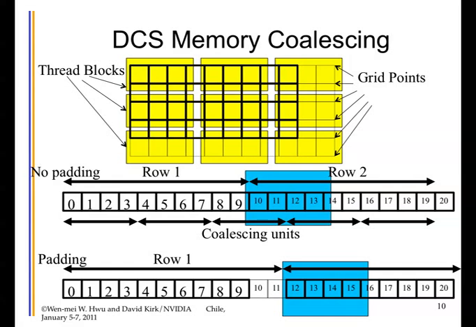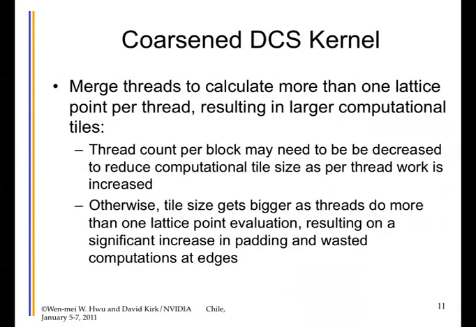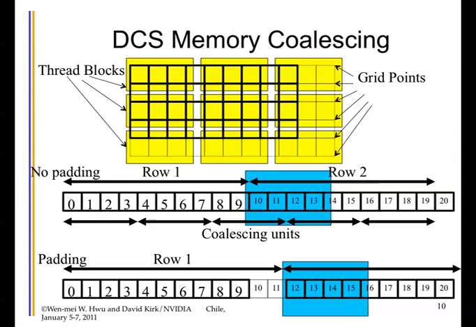Okay, so let's look at the same thing with a coarsened kernel. When we merge multiple threads to calculate more than one lattice point, we are faced with 2 choices. The first choice is, we can reduce the thread count per block. Going back to the previous picture, let's say we want to coarsen the threads.